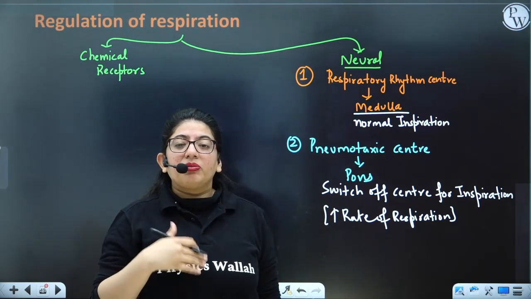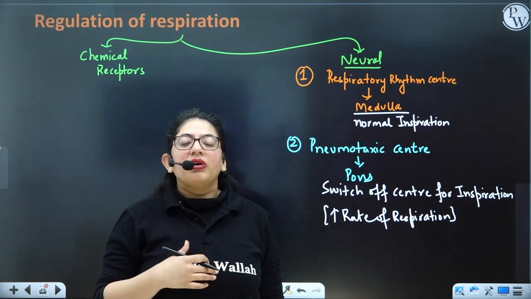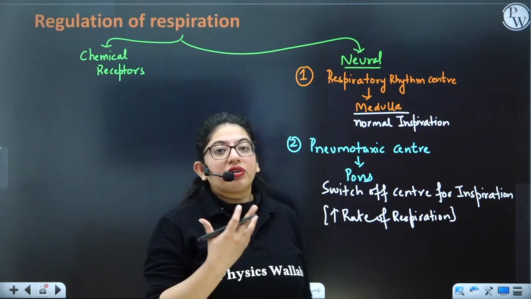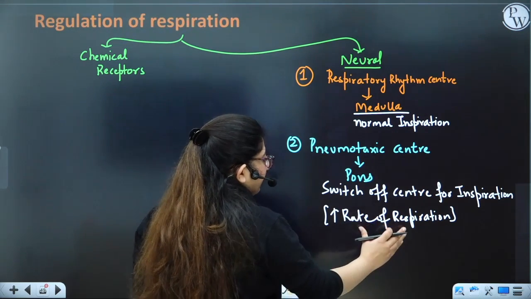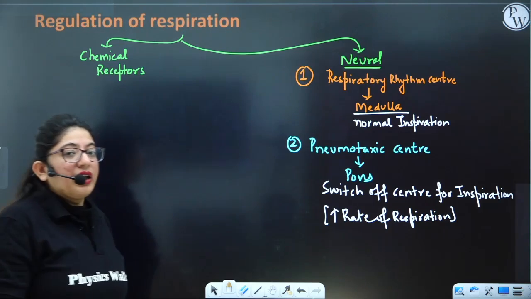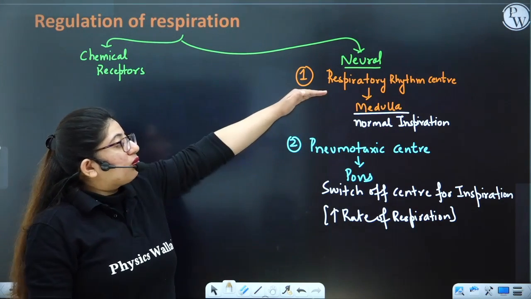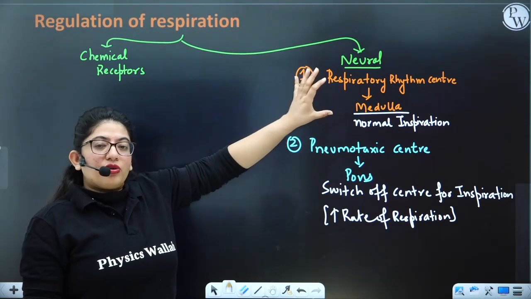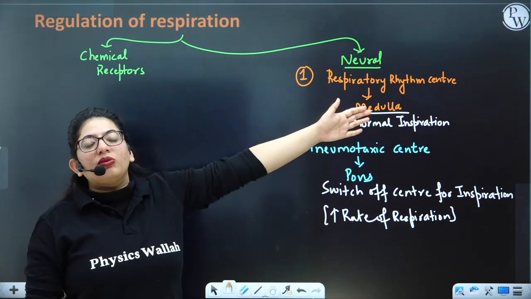While running you have more breaths per minute, but the breath is shallow, not deep. So the pneumotaxic center is increasing the rate of respiration by giving a signal to the respiratory rhythm center. The control center will always remain the medulla, but it will only tell the medulla to do so.